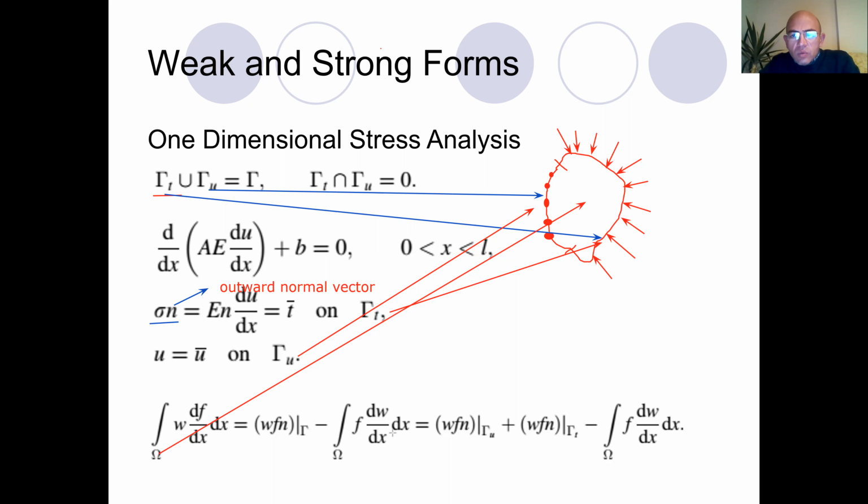From here, we can obtain W f n gamma u. So we can decompose this boundary term into the boundary term where the displacements are prescribed, and boundary terms related with the domain boundary section where the traction forces are prescribed. So minus integration of f dw dx over the domain.